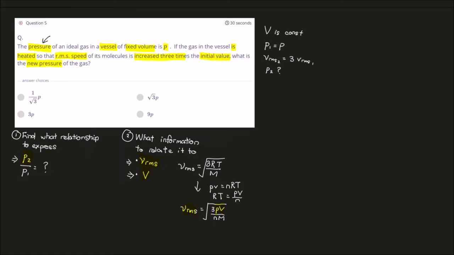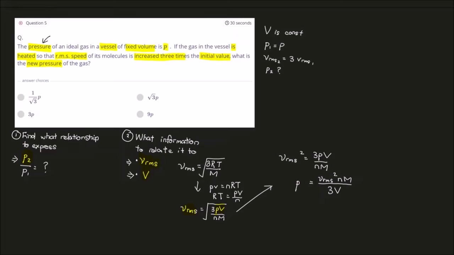What I need to do now is to express it in terms of pressure. So I'll make it VRMS squared equals 3PV over nM. Then I'm going to shift everything to one side, leaving pressure on the other side. So there'll be VRMS squared nM over 3V.